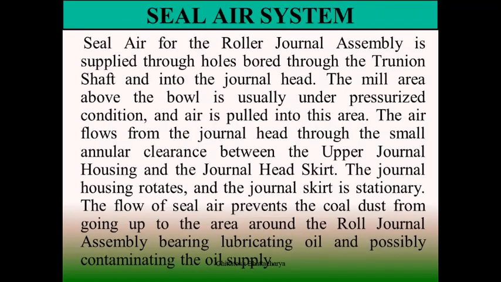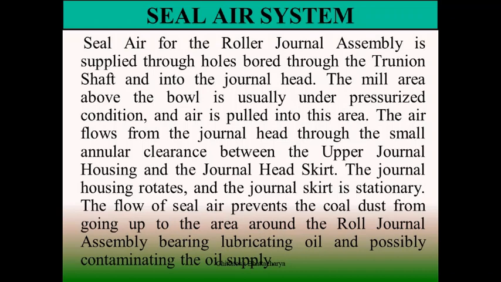As you already know, we require a sealing arrangement for the pressurized milling system. Besides that, we require sealing of the roll journal assembly, so that the supplied lubricating oil and bearings can be safeguarded from coal dust ingress within the roll journal bearings.